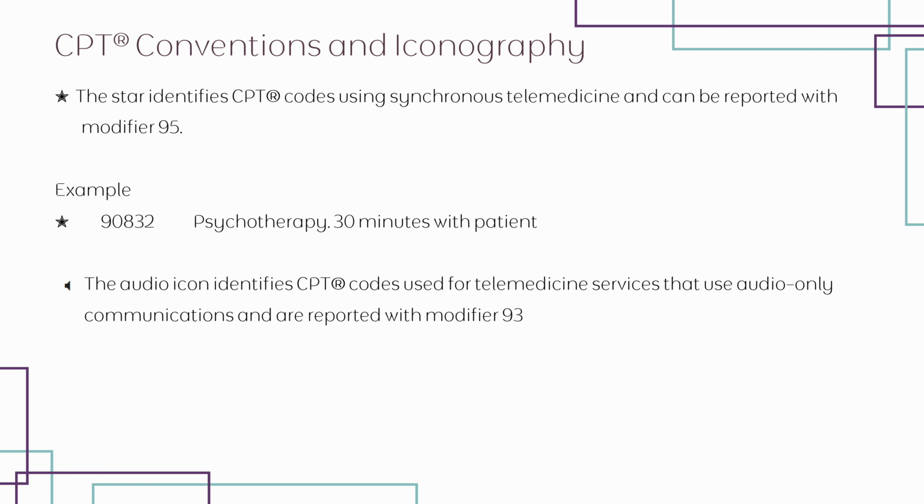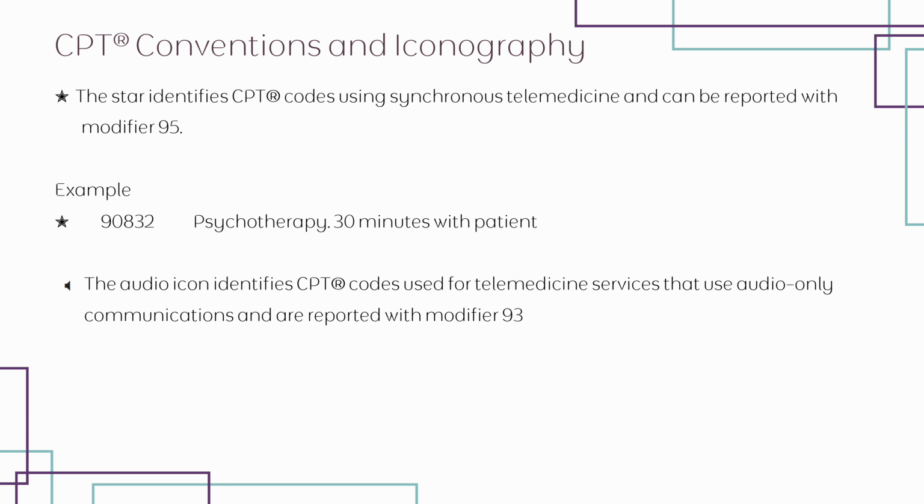In recent years, CPT has introduced additional symbols to address the growing field of telemedicine services. These symbols will help coders quickly identify codes that can be reported when services are provided remotely. The first symbol is the star. This symbol will identify CPT codes that are eligible for synchronous telemedicine services.